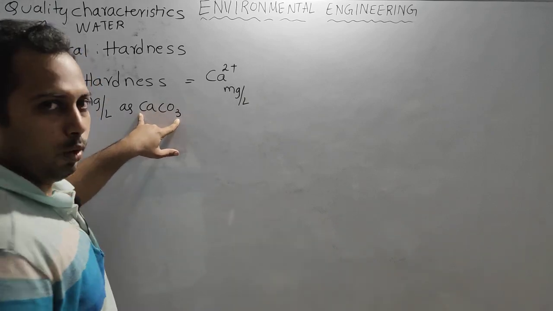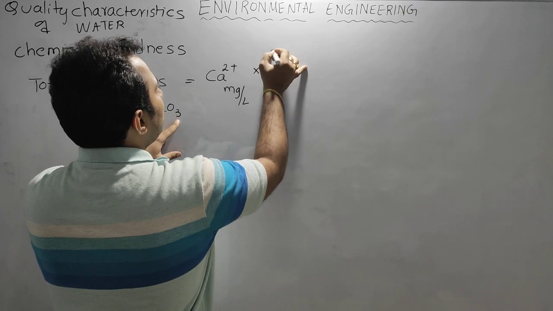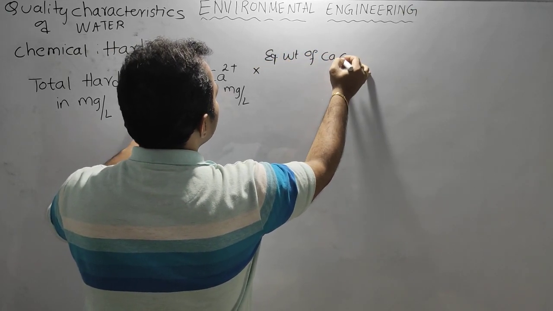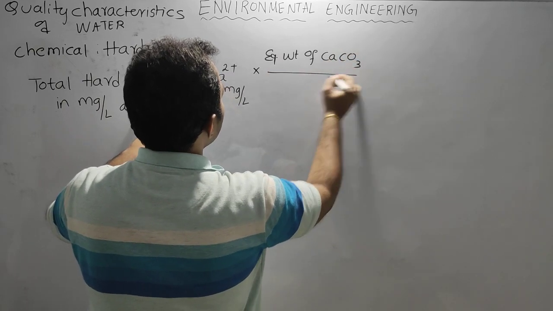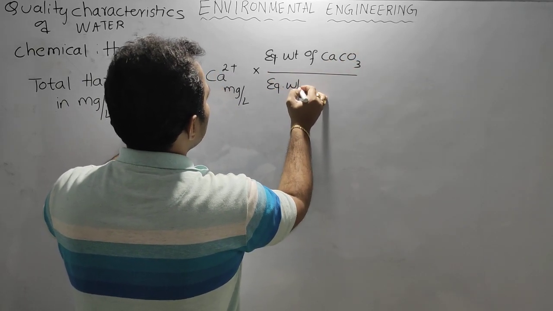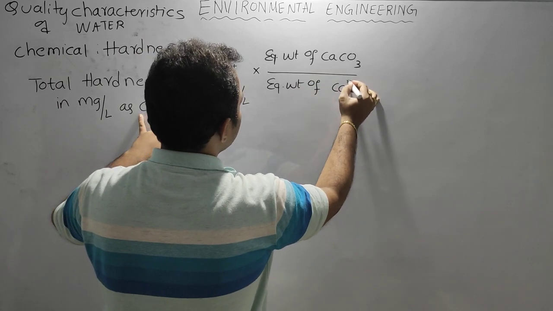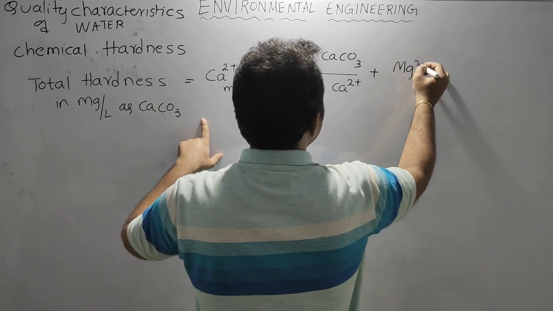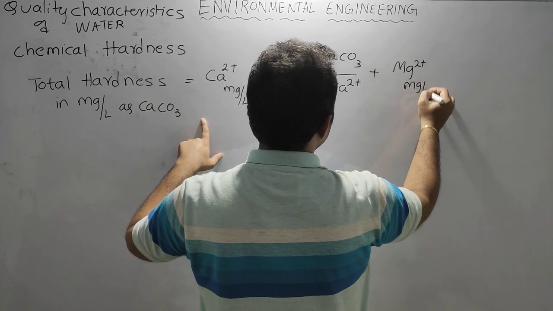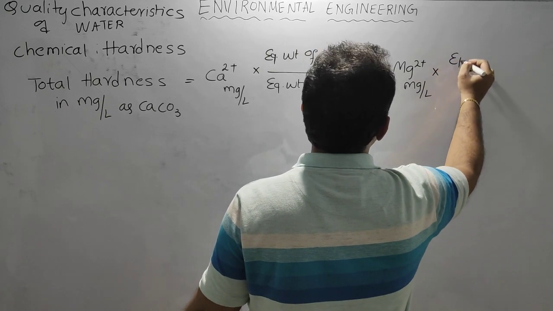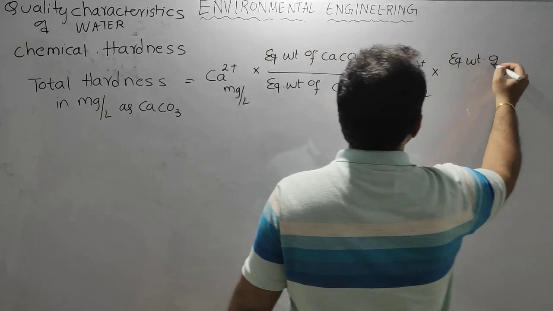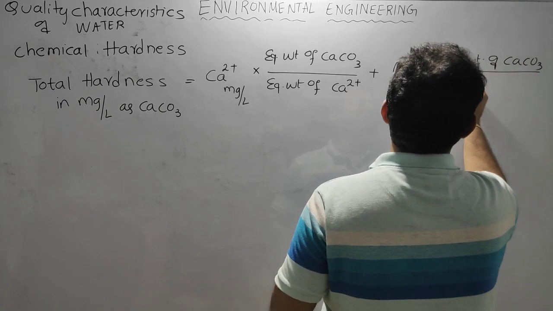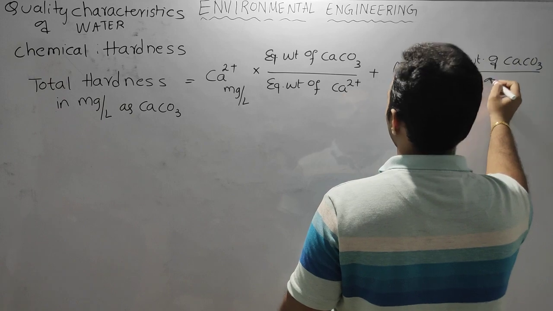In terms of Y, I need Y as CaCO3, so multiplied by equivalent weight of CaCO3 by equivalent weight of Ca2+, plus Mg2+ in mg per liter, multiplied with equivalent weight of CaCO3 by equivalent weight of Mg2+.